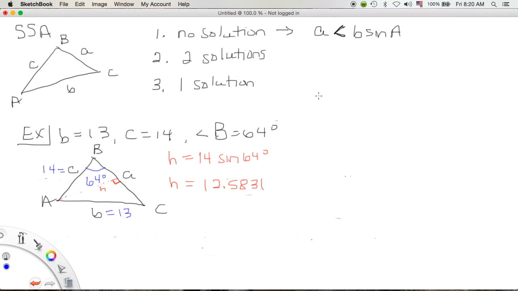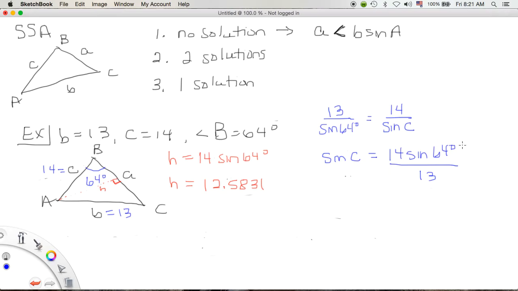So we're going to look at that and we're going to say the number we know, 13, which is b, over the sine of 64 degrees, equals 14 over the sine of C. So we do our cross multiplying to get this all figured out, and we have the sine of C is 14 times the sine of 64 degrees over 13.